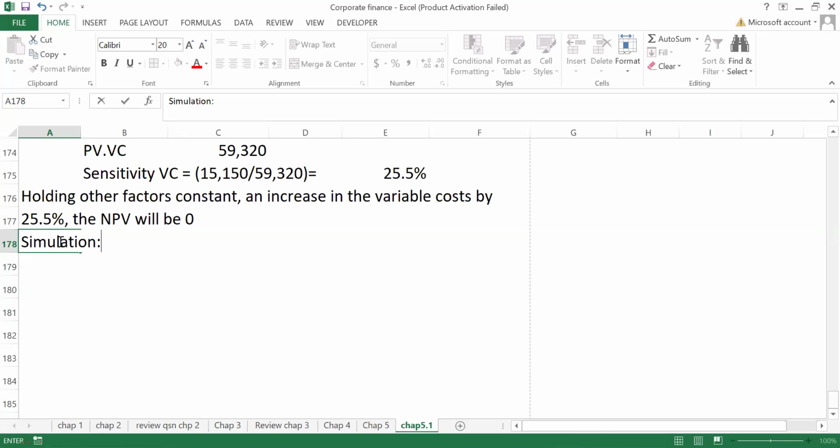In simulation, all variables are combined and analyzed for how they can affect your NPV, but using computer software. You can combine all variables together. Then if all variables are combined together, how will they affect my NPV? But it is done by computer software.